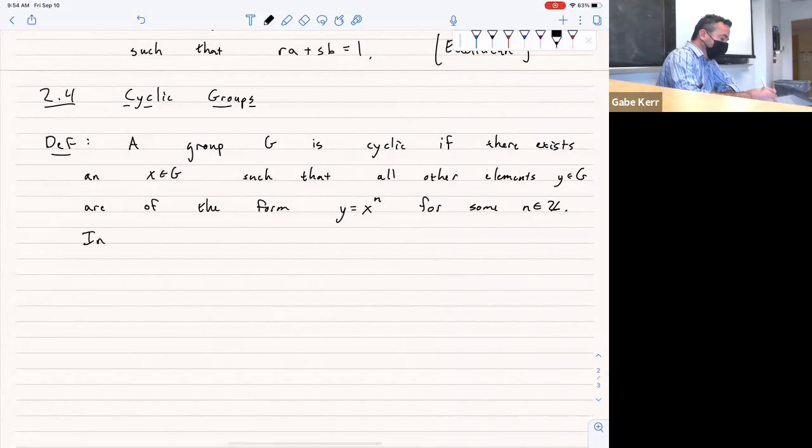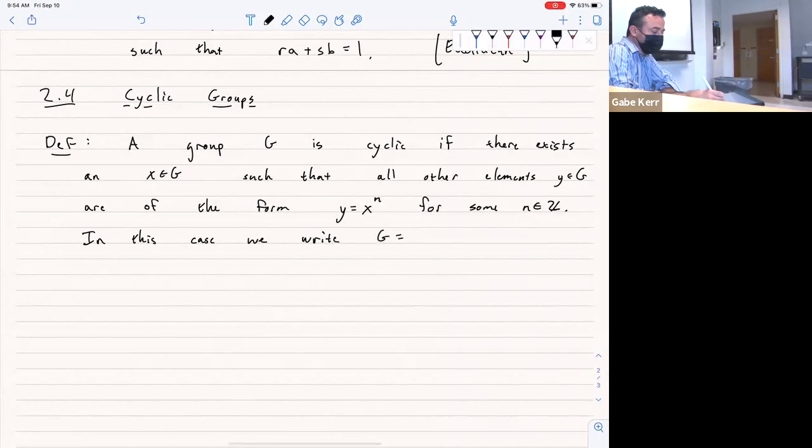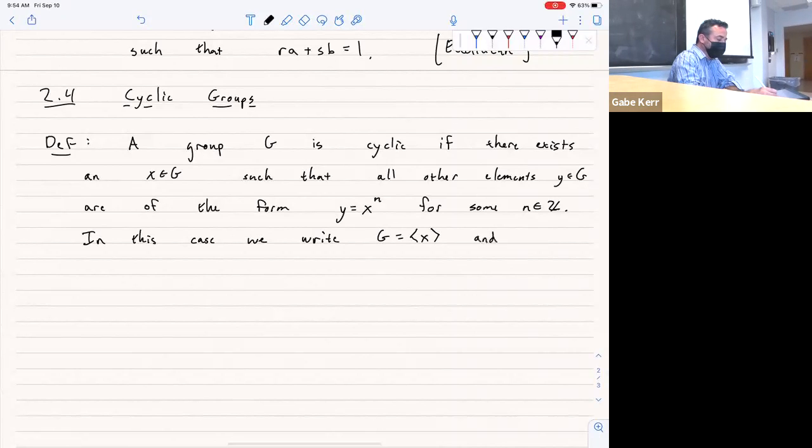So in this case, we say X generates G. You don't have to write it this way, but this is a common notation. Cyclic, generator.